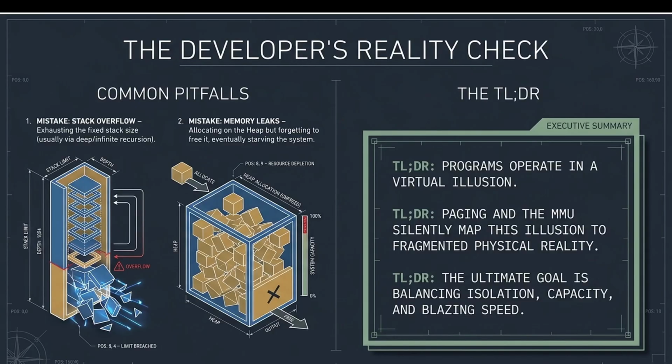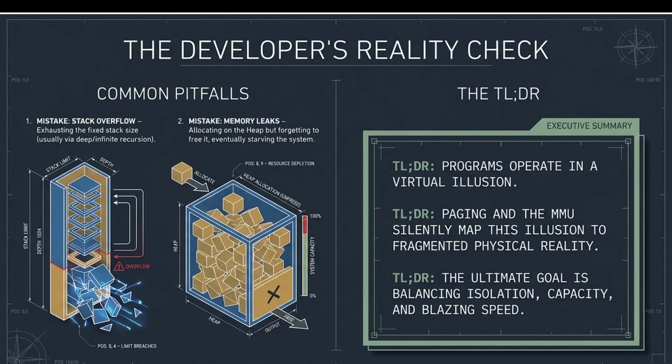And we have memory leaks: allocating on the heap but forgetting to free it. We keep allocating to the heap up to its limit, and if the inactive data is not freed, then memory leaks happen.